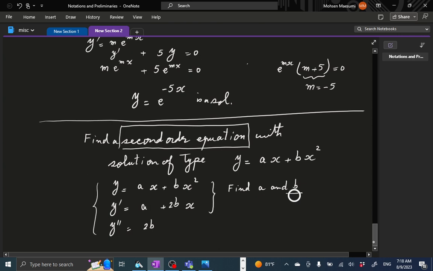Let's find a and b in terms of everything else. Well, what's everything else? x, y, and y prime. So find a and b in terms of x, y, y prime, and put that in the third equation.